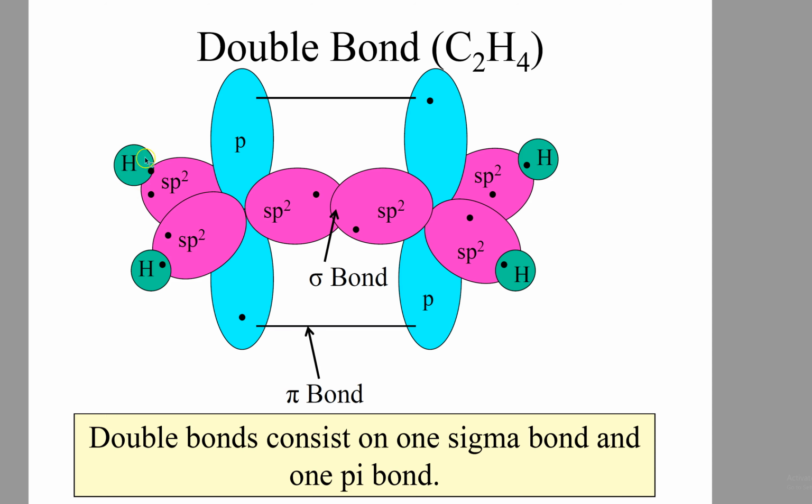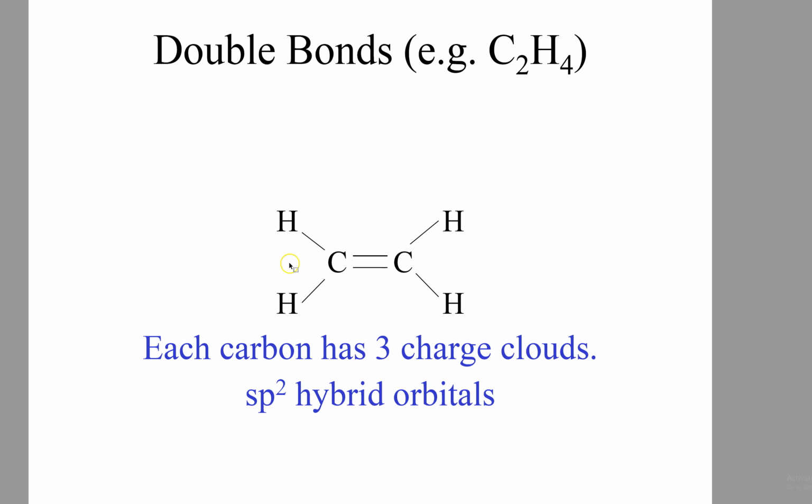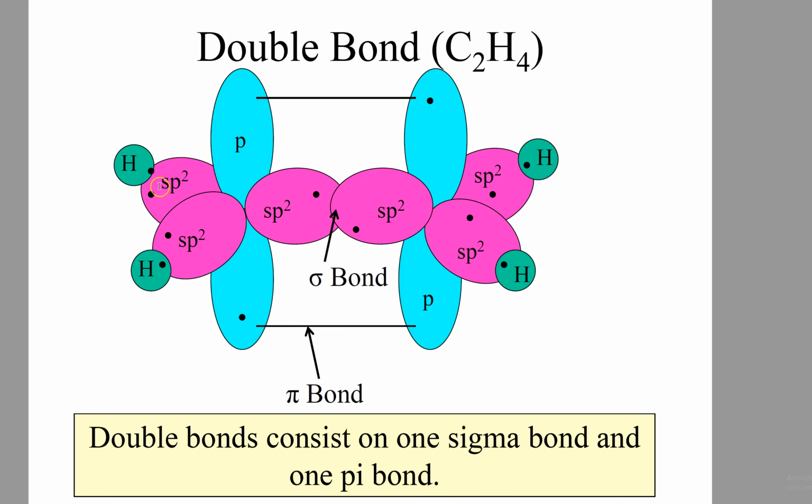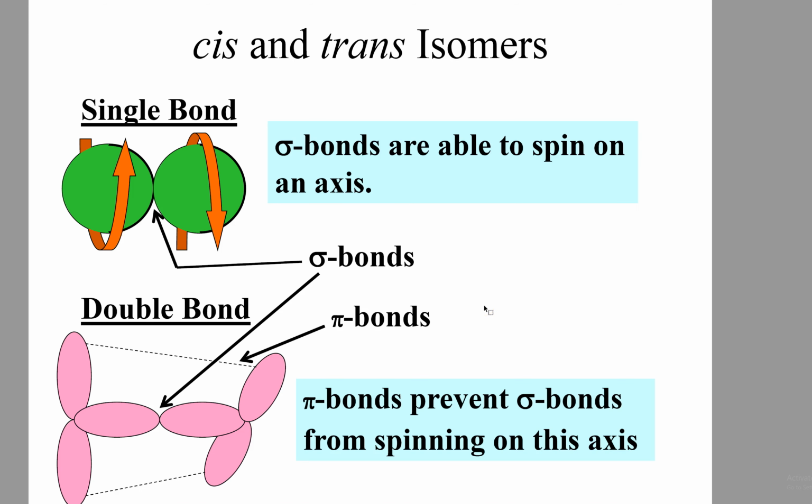The hydrogens are attached to the sp2s, you have your P's, and each one is going to have four attachments. Since carbon has 2s and 2p, you're going to hybridize with the hydrogen to create those sp2s for each one. That's generally how we look at it.